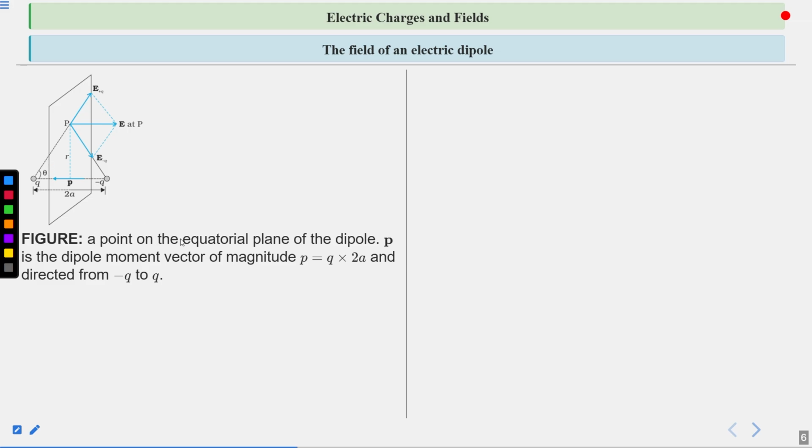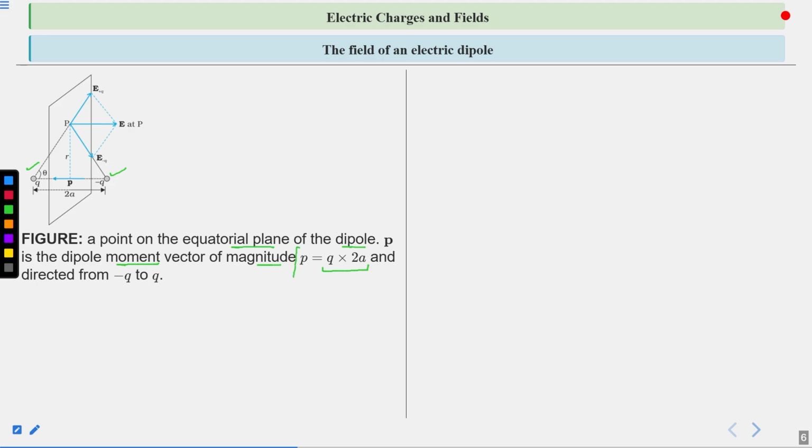At a point on the equatorial plane of a dipole. We know what a dipole is: a system consisting of equal and opposite charges plus Q and minus Q. P is the dipole moment, a vector of magnitude P equal to Q into 2a.